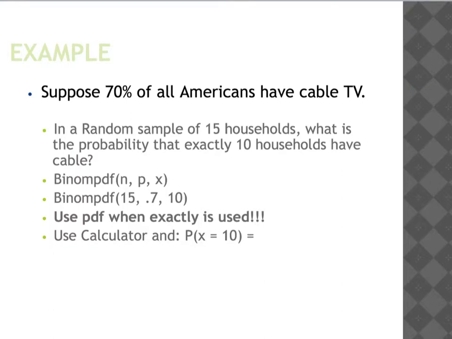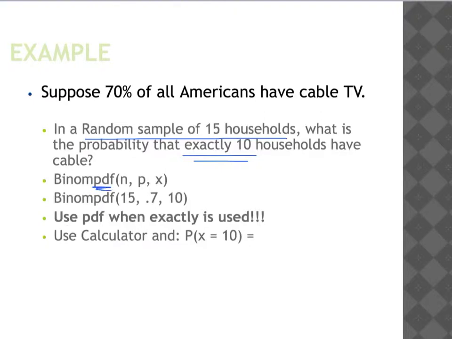Now, the next set of examples, we're still going to be dealing with 70% of all Americans having cable TV, and we're going to randomly select 15 households. But in these examples, we're going to look at various possible probabilities. Now, in this one, it says, what is the probability that exactly 10 households have cable? Because we're using that term exactly, we're going to use the binomial PDF.